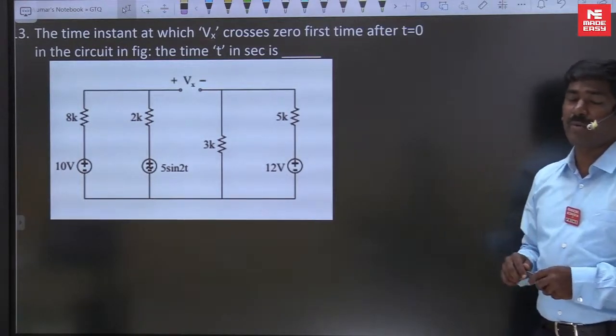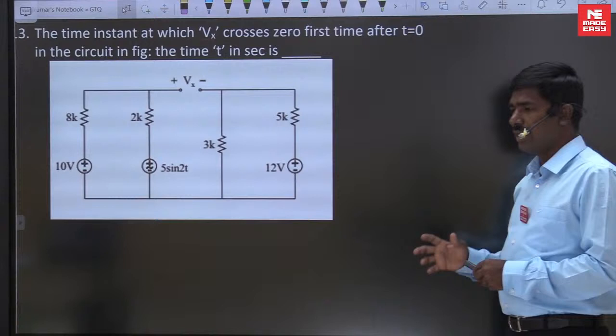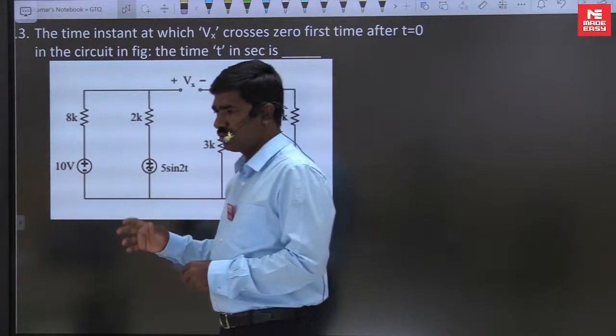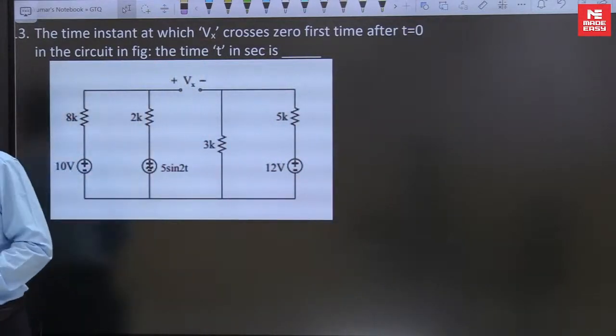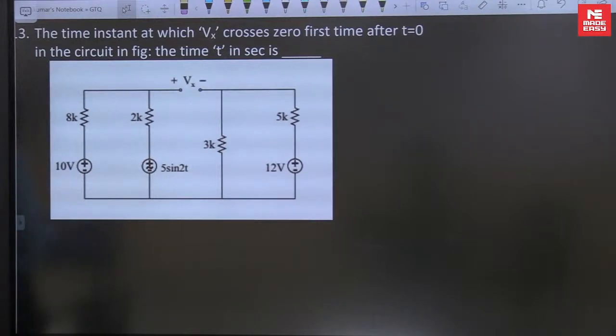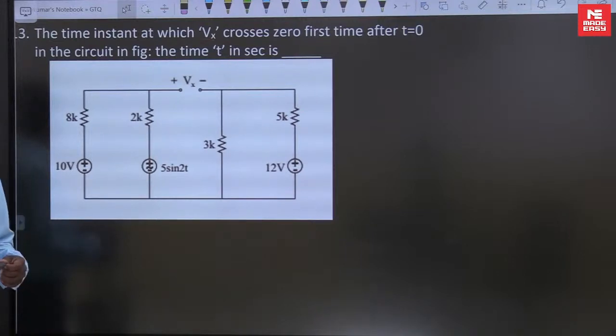For two different frequencies, the RMS value is the square root of IR1 squared plus IR2 squared. Give the answer now, fast. Come on.